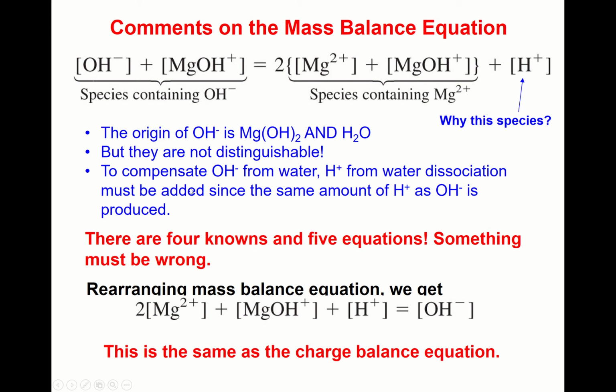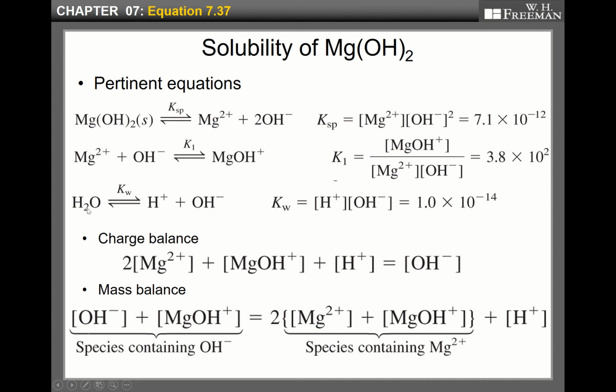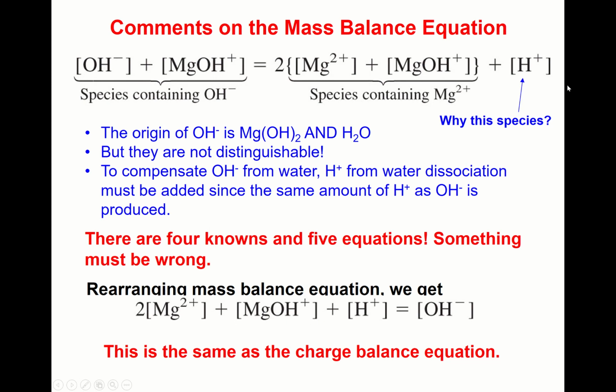So to compensate for the hydroxide ion from water, the proton concentration from water dissociation must be added, since the same amount of protons and hydroxide ion is produced. In this water dissociation, we know the proton and hydroxide ion concentrations are the same. That's why you have to add the proton concentration on the right-hand side.